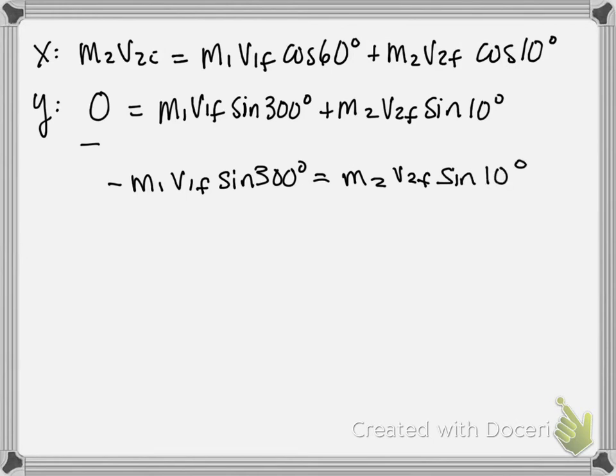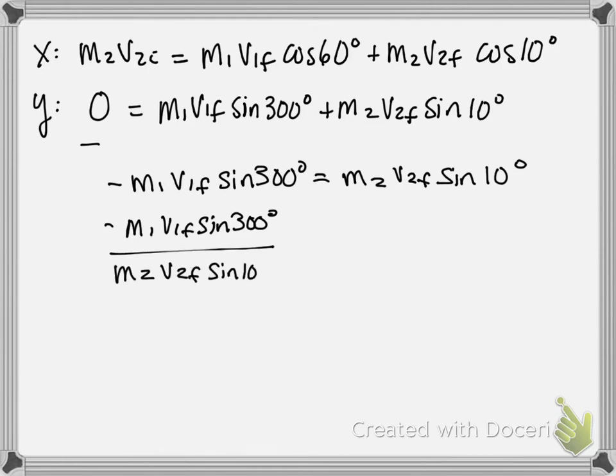And what that tells me is that negative M1 V1F sine 300 divided by M2 V2F sine 10 is equal to 1, right?